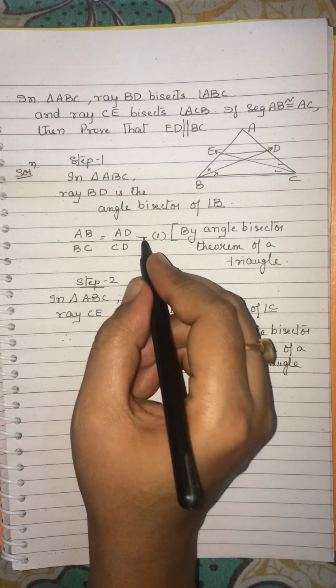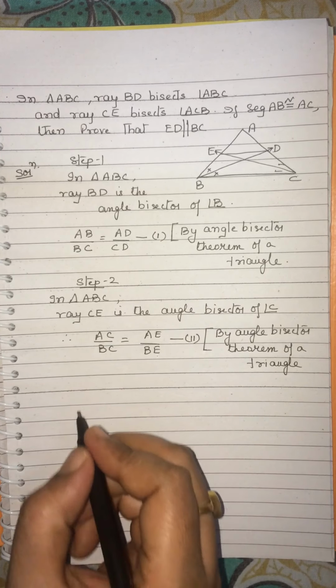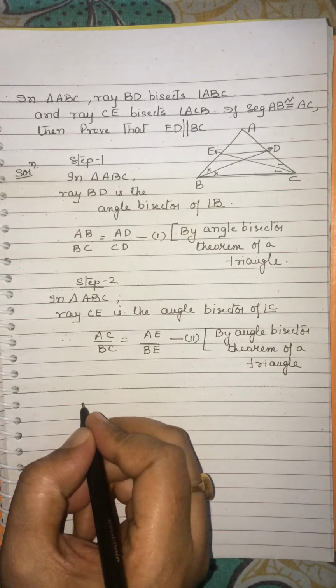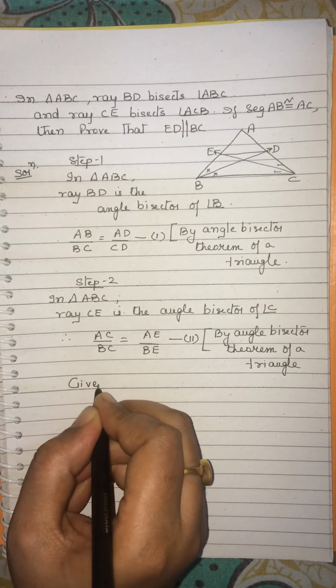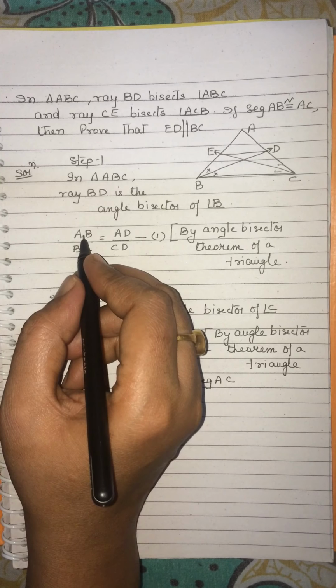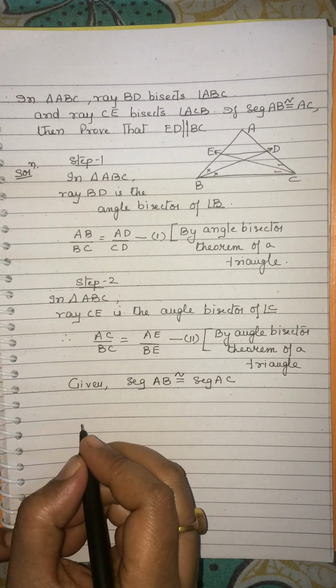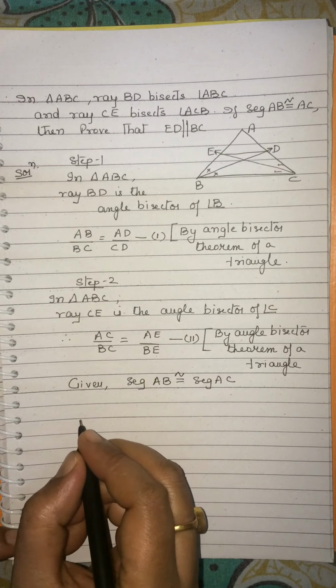Now compare both the equations and see what we are getting. Already given to us in the question that segment AB is equal to AC. So in any one of the equations, children, put in place of AB either AC, or in place of AC, AB, anything you can do.